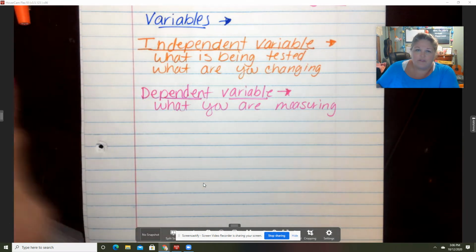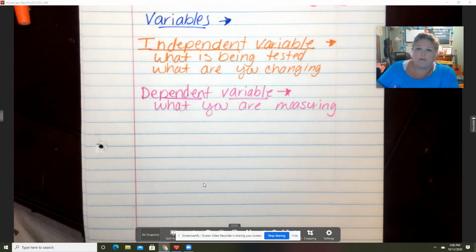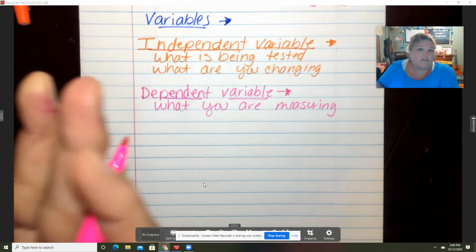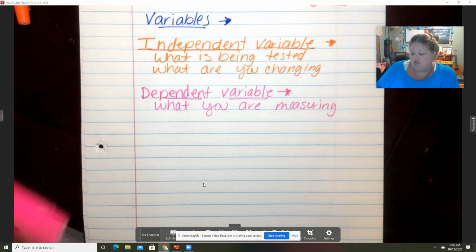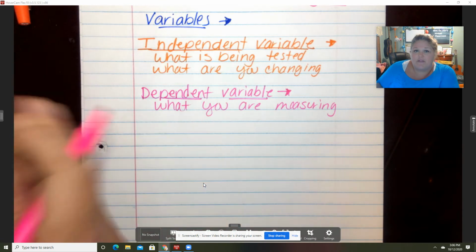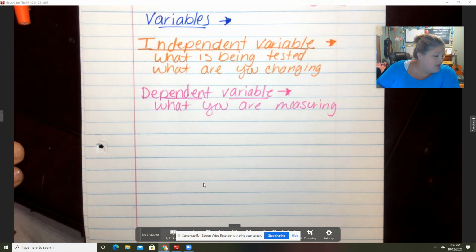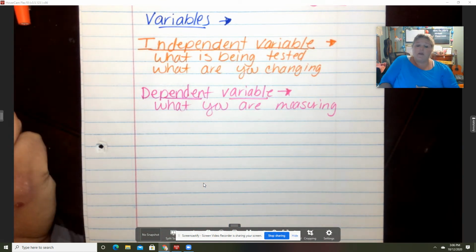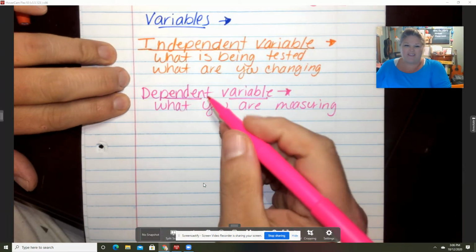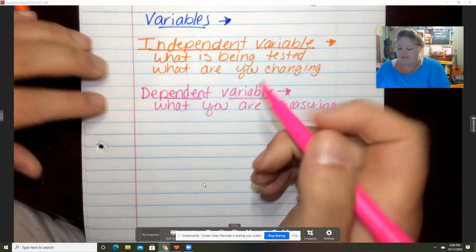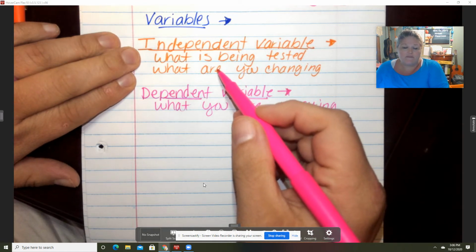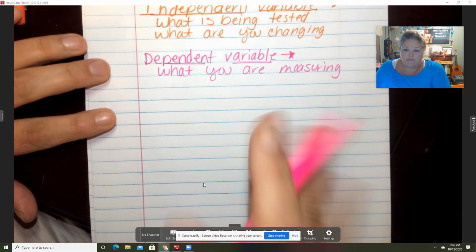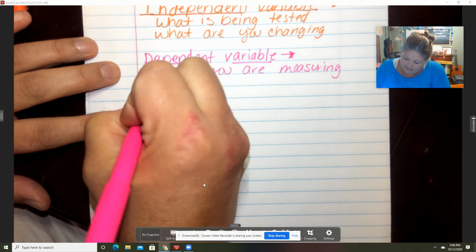Did it grow taller? Was it the same size? Did it get smaller? Did the color of the leaves change? That's the dependent variable. That's what you're measuring, okay? Sometimes it's called dependent because it is depending on what is happening with the independent variable, okay?